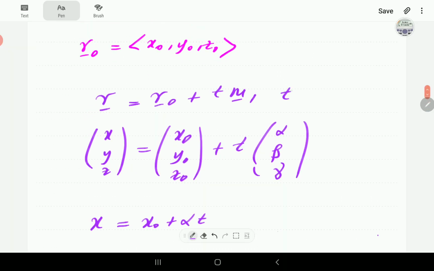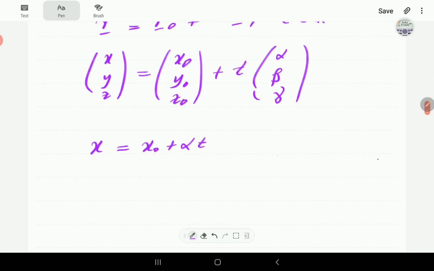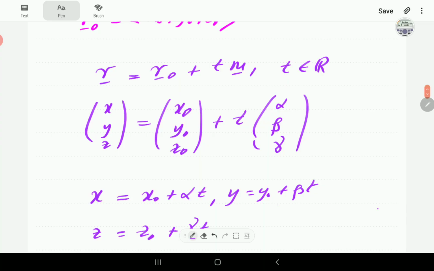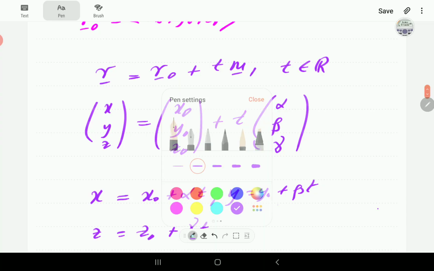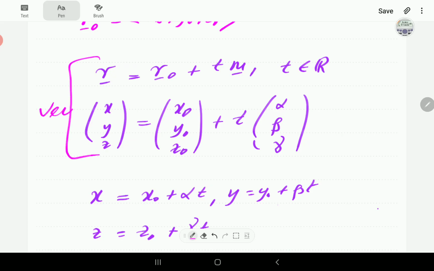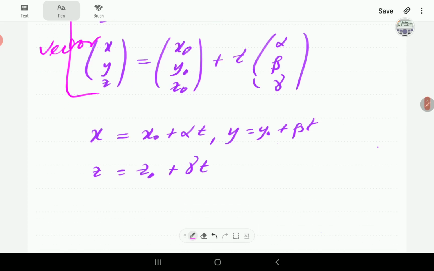Here t is our parameter, so t must be a real number. y is going to be y naught plus beta t, and z is going to be z naught plus gamma t. So this first one is a vector equation, the vector form. This one is the parametric form.